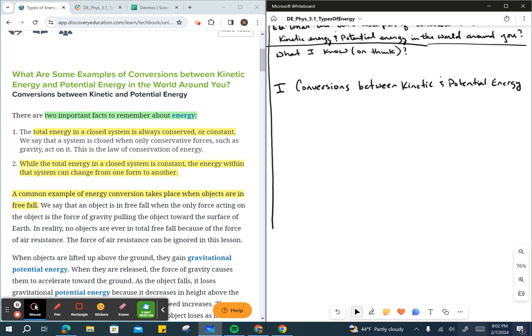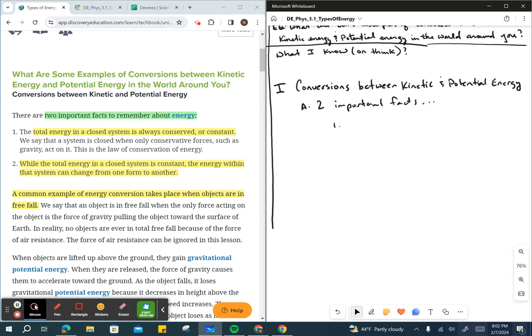The first, the total energy in a closed system, there's the key. The closed system is always conserved. Okay, that's an important point. Two important facts.